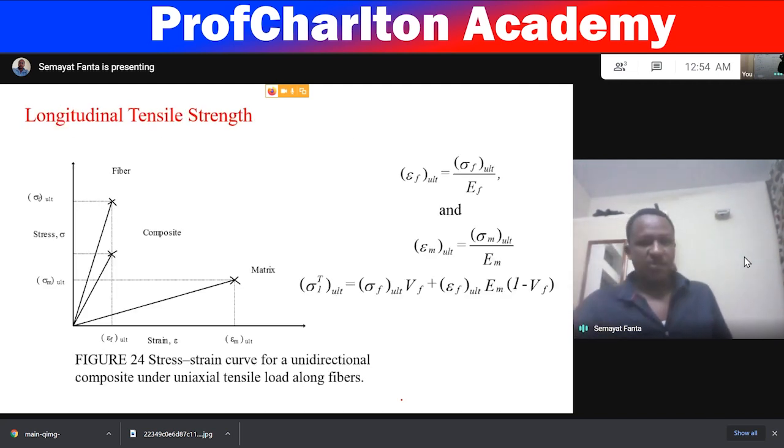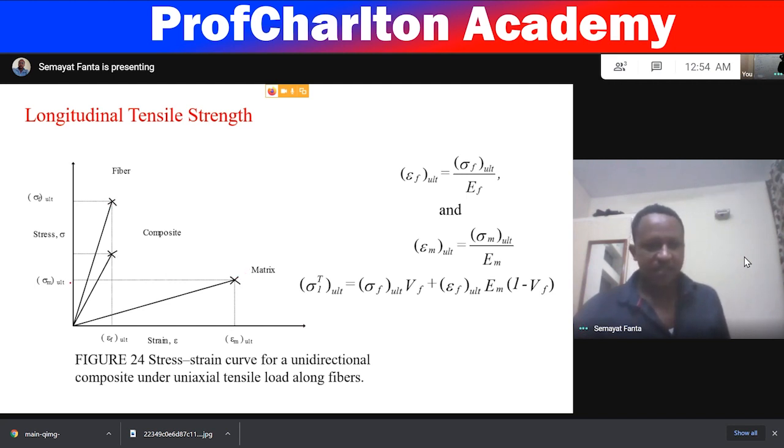So here what we are looking at is the property of the material. For example, this diagram shows the fiber behavior, the stress-strain diagram of the fiber. The fiber has higher ultimate strength compared to the matrix.